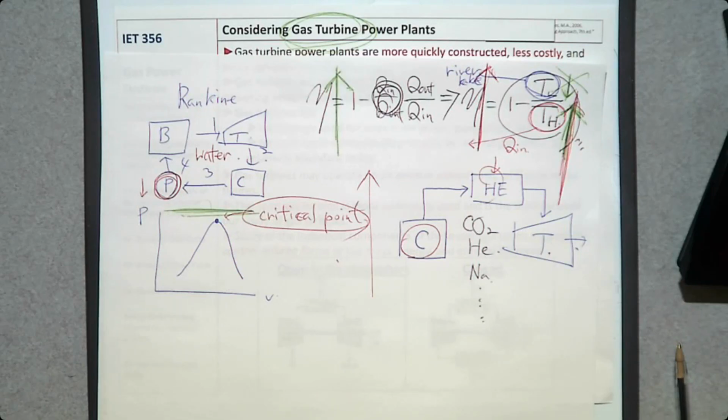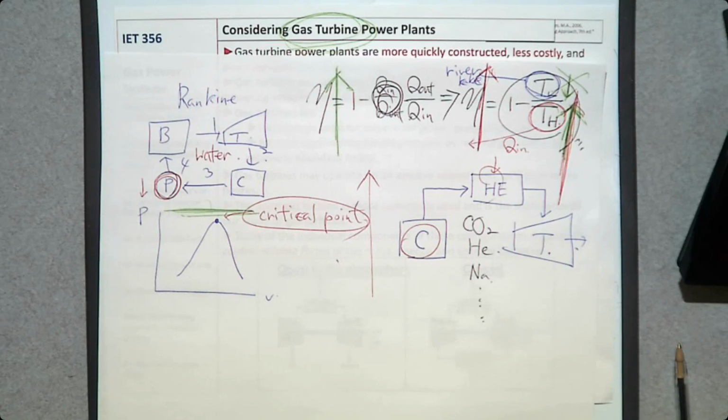So it decreases the thermal efficiency. If we use a gas turbine, we can increase the inlet temperature of the turbine, not just 400 but 2000 degrees Celsius, whatever the material can withstand. So we can achieve extremely high efficiency.